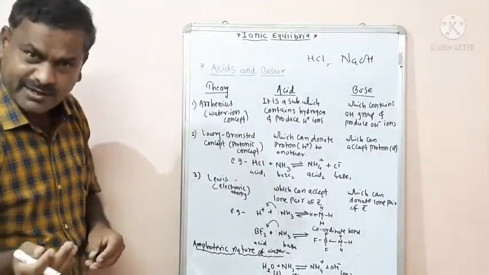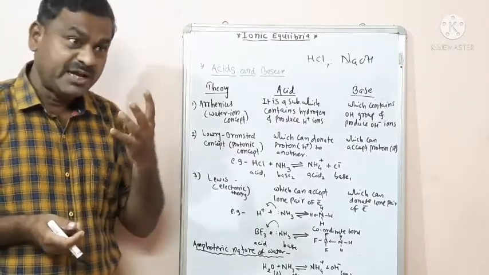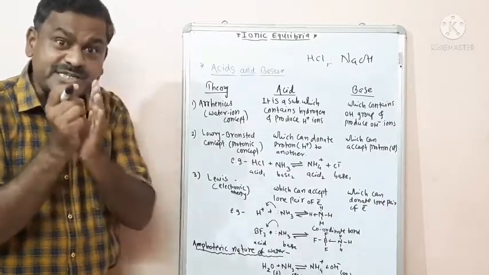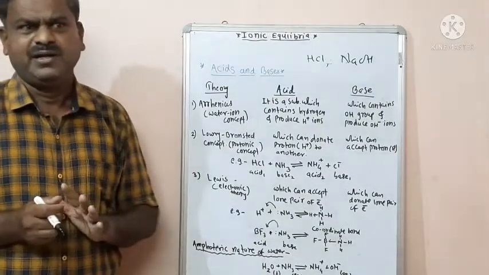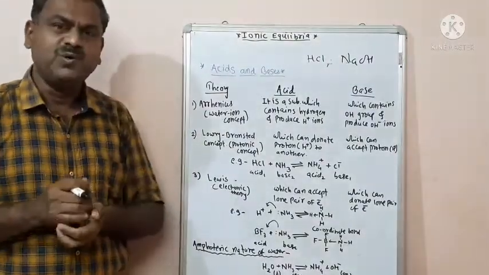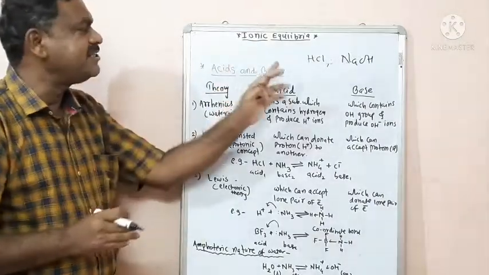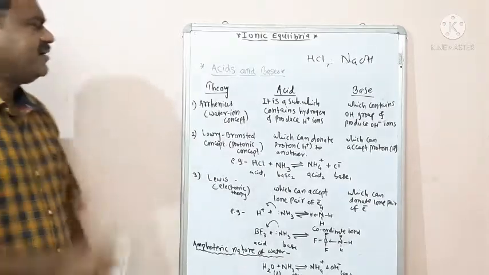After that, some scientists gave a clearer idea of how to decide the acid and the base. There are three scientists who explain acids and bases.